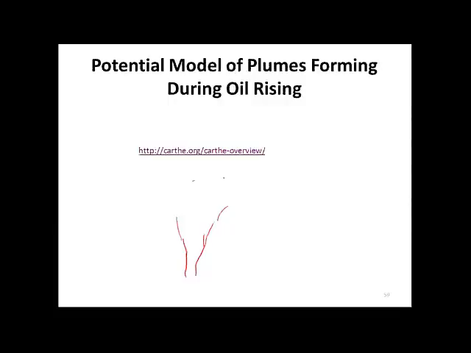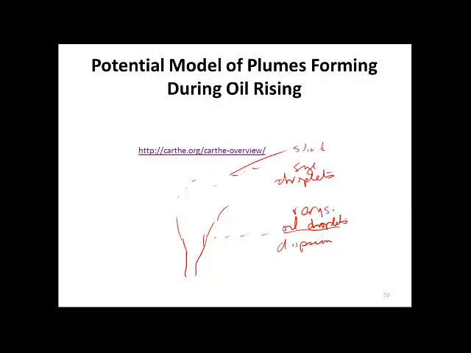Some oil droplets form because of all of that dispersion, and some of the droplets peel off. You get dispersion of some of the oil droplets that are very small, and that's what you saw in that picture.